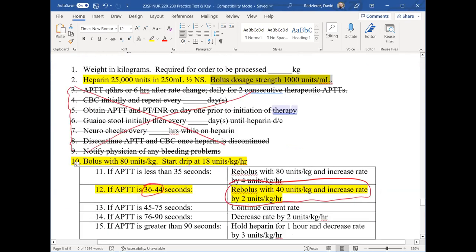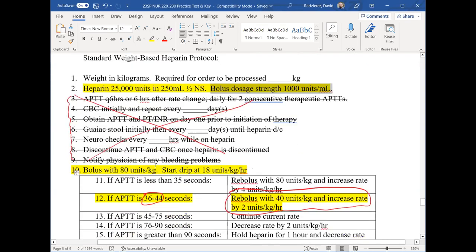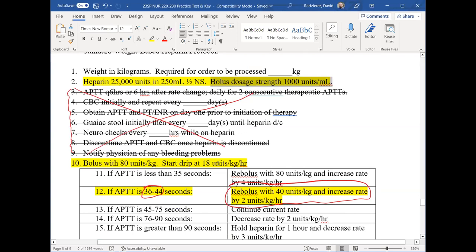And remember, the beginning of the problem told us what? It told us to start a drip at 18 units per kilogram per hour. So if we're increasing by 2 units per kilogram per hour, that means we're going to go from 18 now to 20.